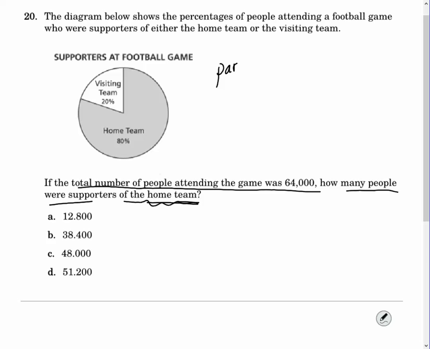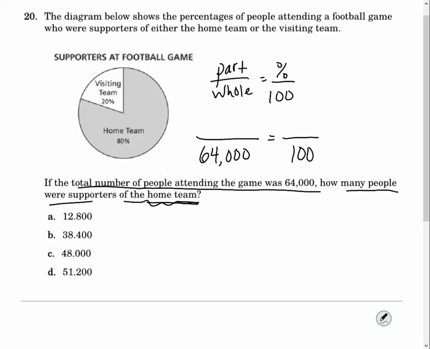We're going to use part over whole equals percent out of 100. So let's set that up based on what we know. So we know the whole amount of people. The total amount is 64,000. Everyone included, 64,000. We know the 100, that's a freebie. Now, we need to figure out the percent, which is right up here. So we're looking for the home team.